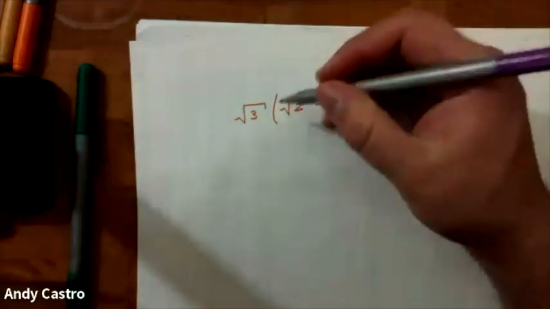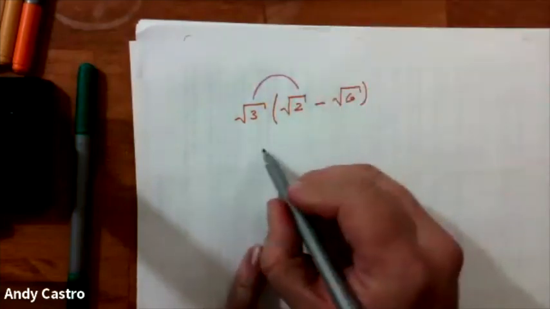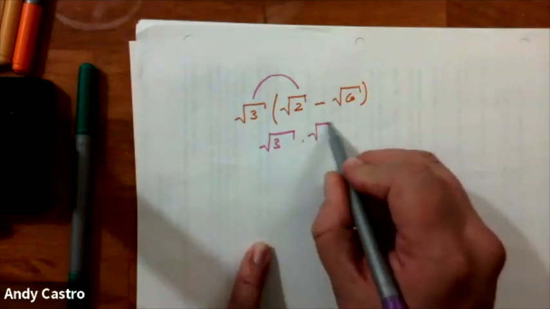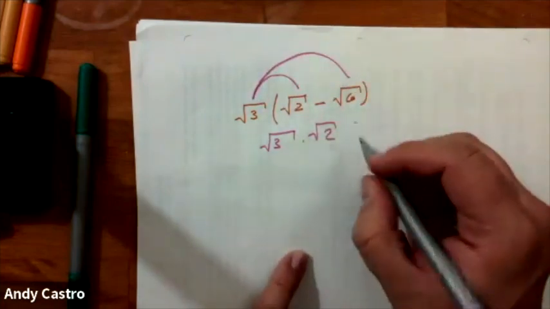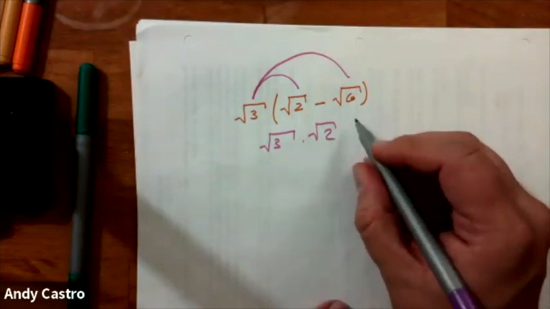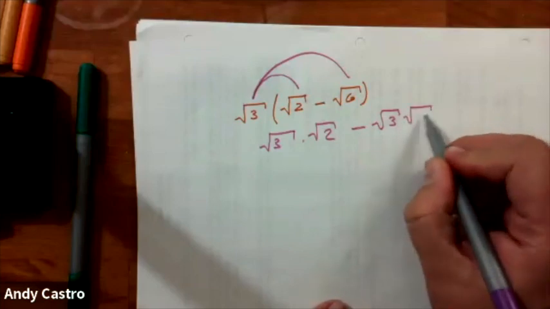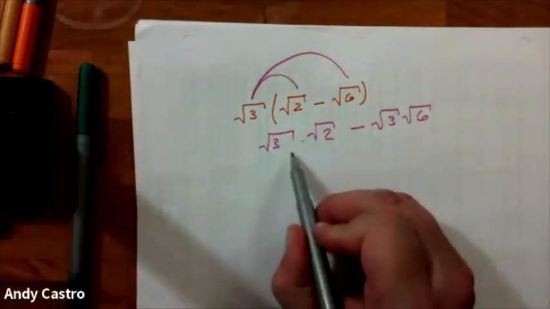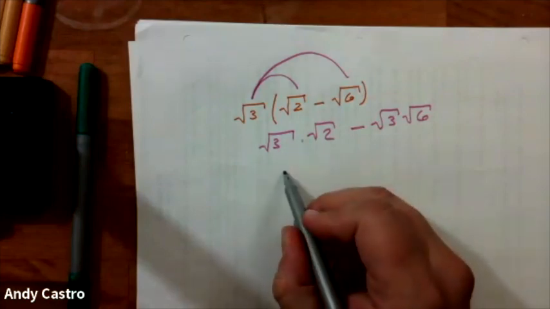I'm going to take my square root of 3 and multiply it here. That's going to give me the square root of 3 times the square root of 2. And then here, that's going to give me minus the square root of 3 times the square root of 6. All right, so we know if we multiply two square roots together, we can put the two numbers together.